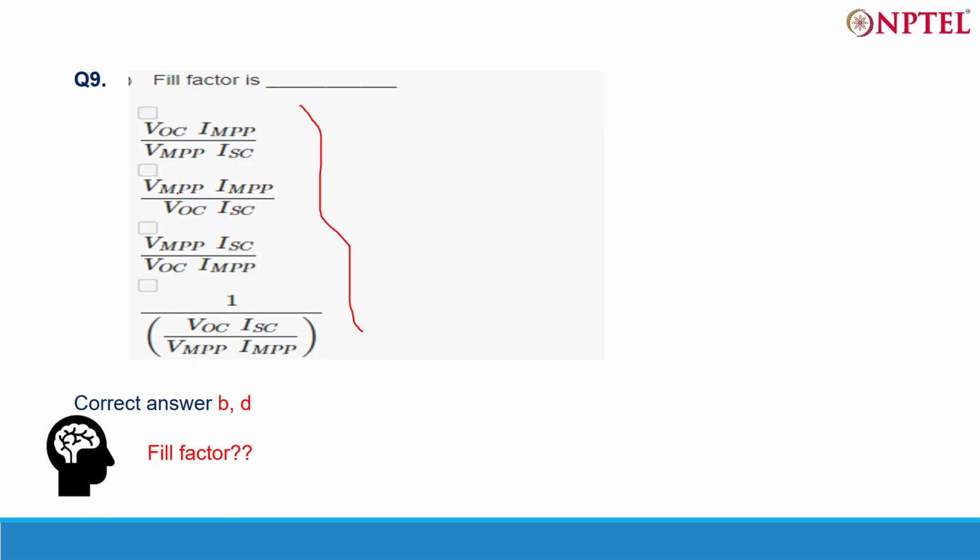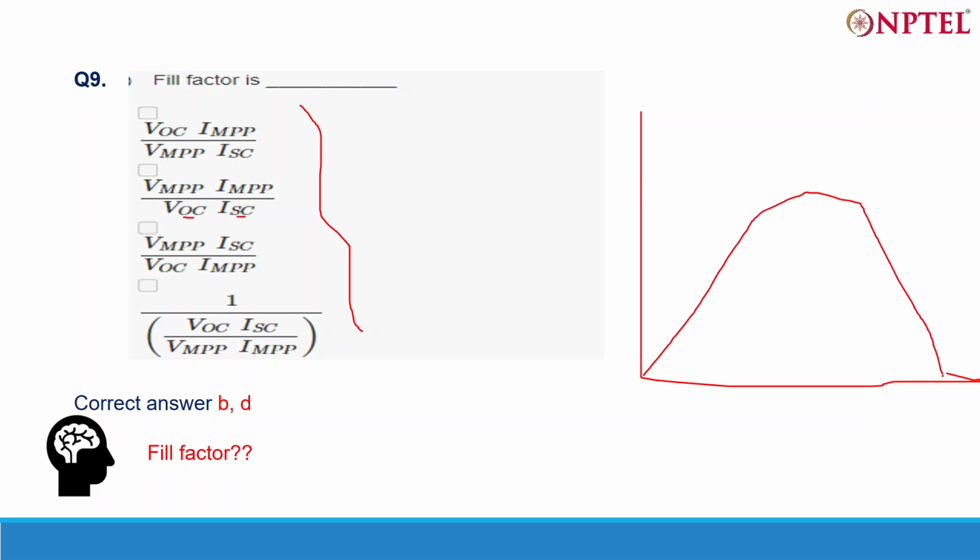In the previous graph, I have shown you the maximum power point, the current at maximum power point, the voltage at maximum power point, the open circuit voltage and short circuit current. You have seen this graph. This is the maximum power point.